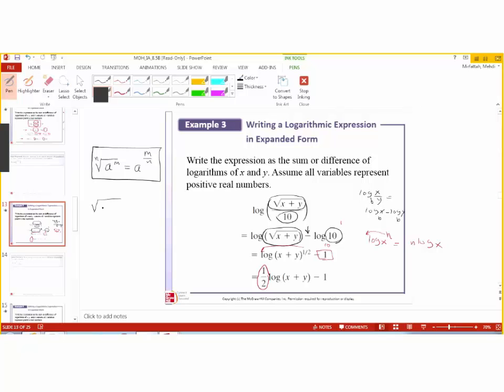Okay, so that's where that comes from. So in this case, your a is x plus y, and your n is 2, because there's no number there, it's understood as 2. This is 1 because there's no exponent. So that's why this would be x plus y to the power of m over n, which is 1/2. So you see where that 1/2 comes from now? Yeah, now I get it. Thank you.